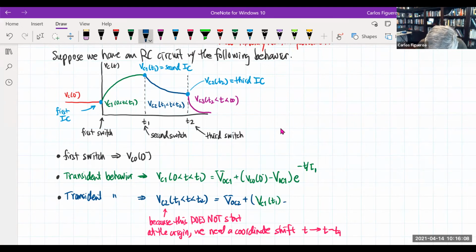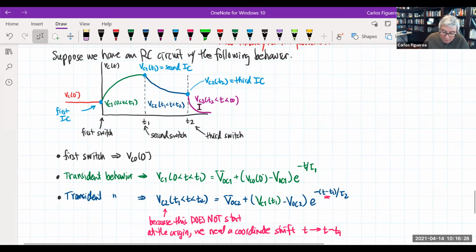And then I'm going to get VOC2. And then I have a new time constant, but I have to perform a coordinate shift. Right? And you could see there's my shift right here. There's my shift in coordinate system.